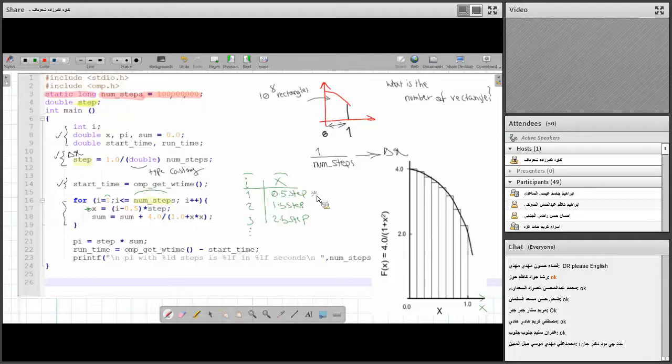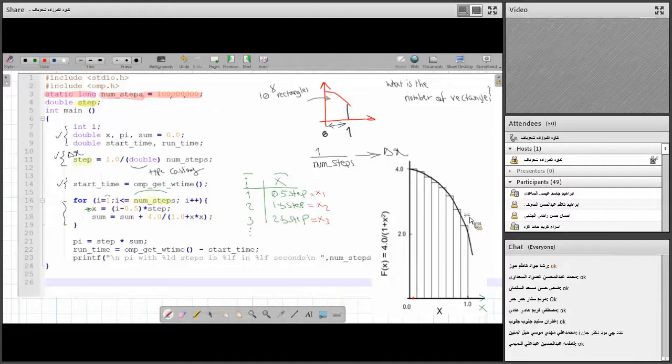We call this x1, x1, x2 and x3. Where is x1? This point.